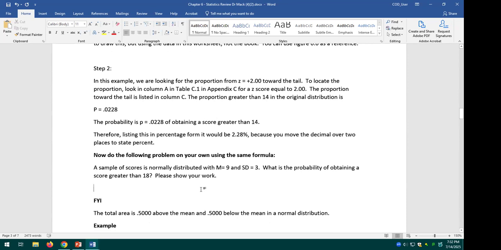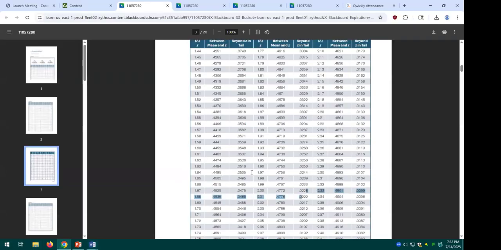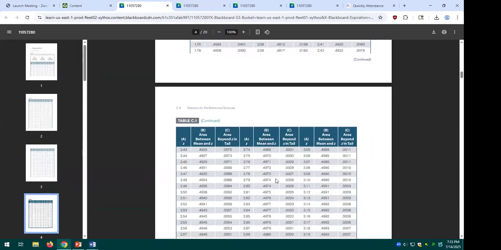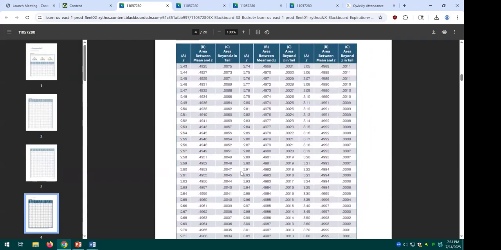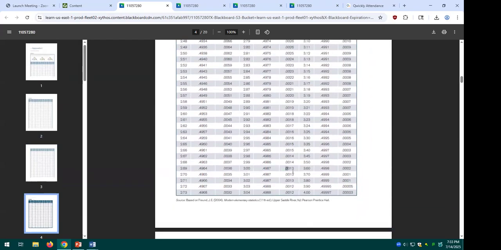So z is equal to x minus M. So z is equal to 18 minus 9. Does that make sense? Where that's coming from? Should I write it on the board? 18 minus 9, which is going to be 9, divided by 3. So the z-score is 3. And then we cross-reference that in here to 3, which is 0.0013 for probability, because it's towards the tail.